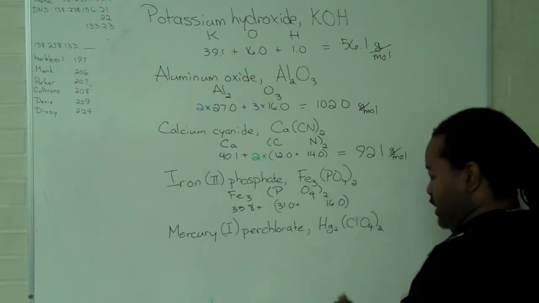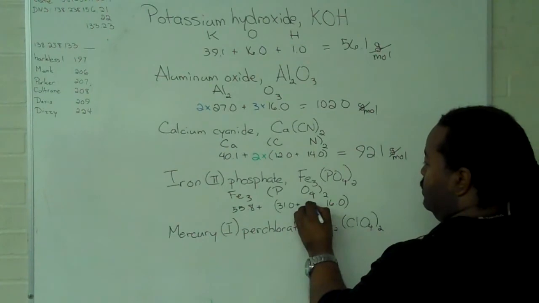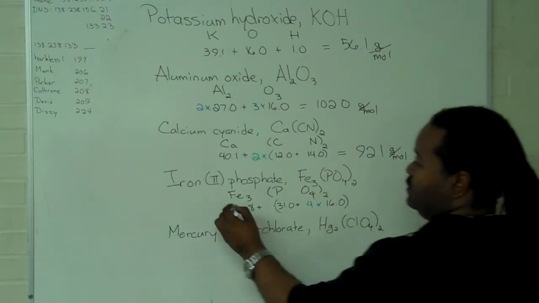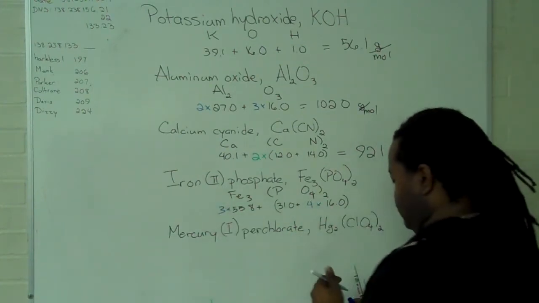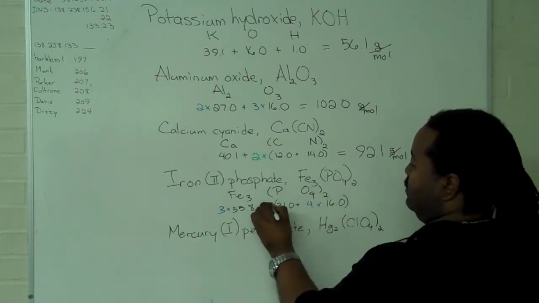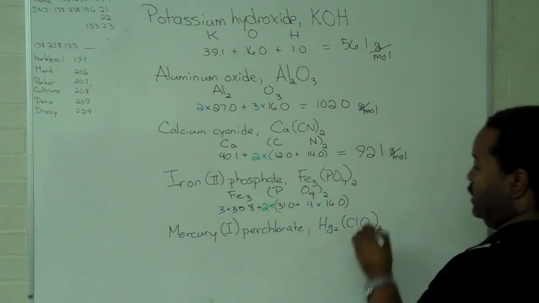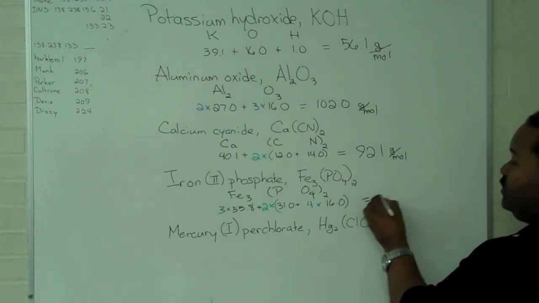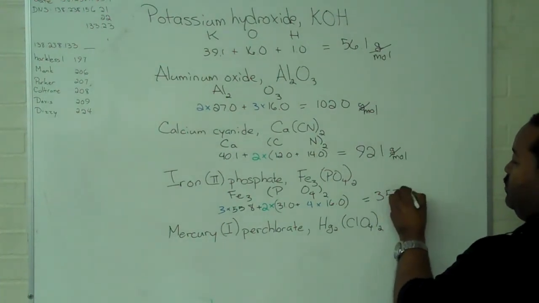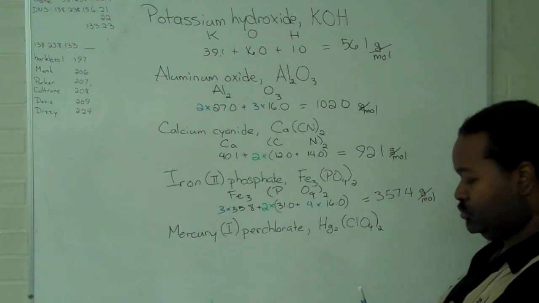And we know that these are going to be multiplied here because we have 4 oxygens and we have 3 irons. And here we multiply the entire polyatomic ion by the subscript associated with it. And in this case we end up with a value of 357.4 grams in 1 mole.